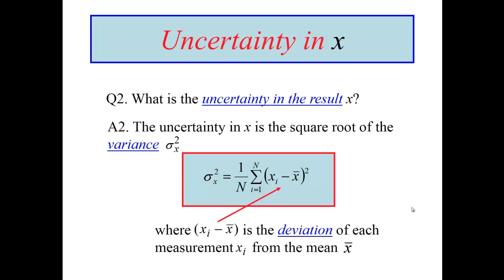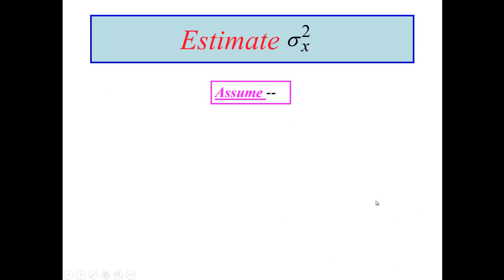We're going to use this to calculate an expression that's a little easier to work with for this variance. Remember that x_i minus x bar is the deviation of the measurement x sub i from the mean value x bar.